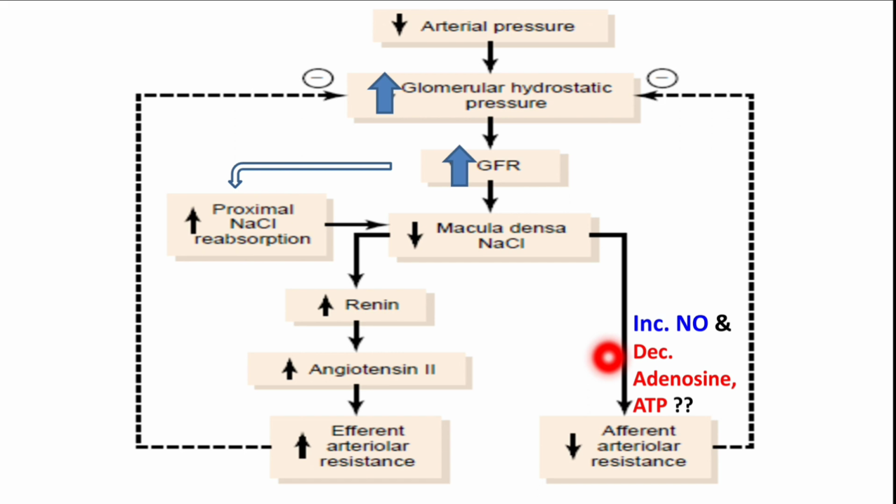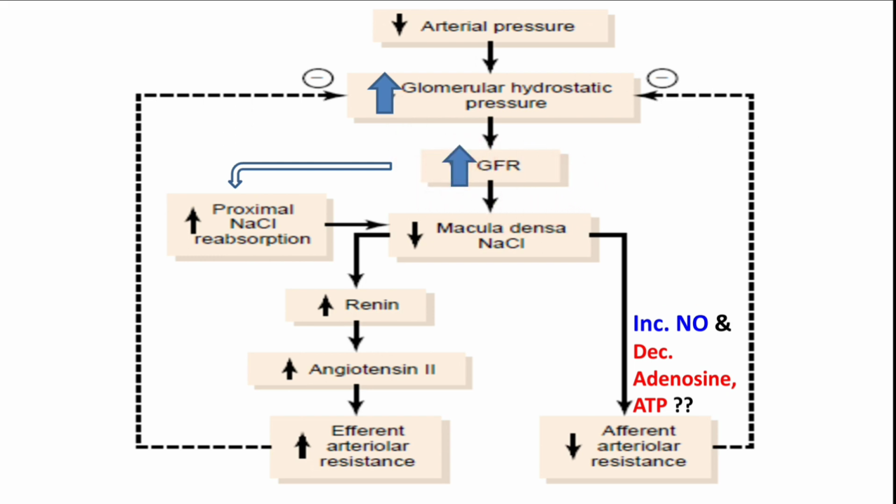Now somehow, due to this response, the afferent arteriolar resistance is decreased, as you can see in the bottom here. The resistance of the afferent arteriole is decreased due to its vasodilation. Now due to decreased resistance of the afferent arteriole, again the blood flow is increased and glomerular capillary hydrostatic pressure is also increased, due to which GFR increases.